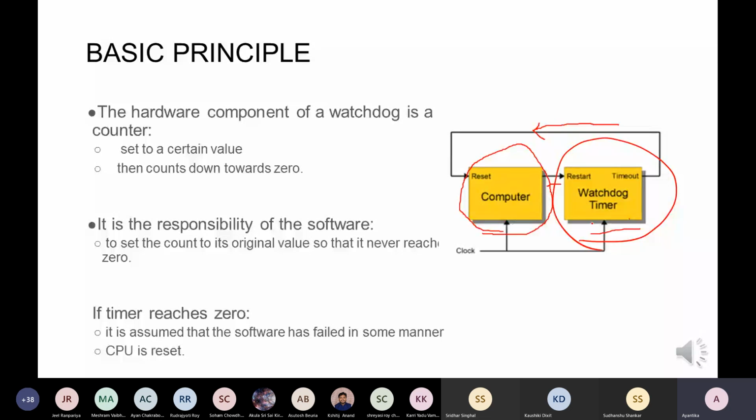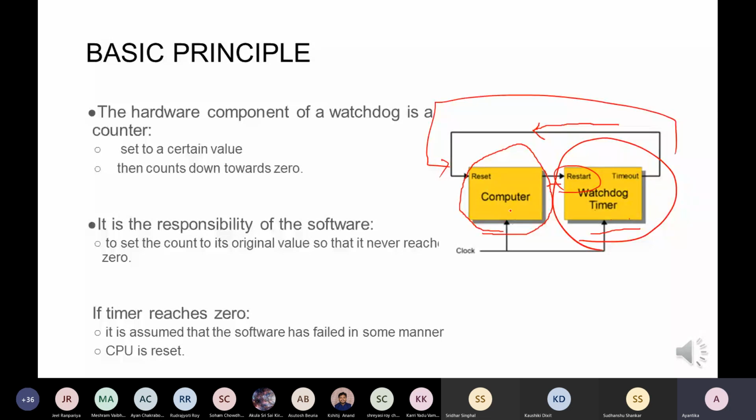If you see this diagram, this watchdog timer is expecting a restart input within a certain time from your general embedded system. If it is not receiving it, it will send a timeout signal and restart your embedded system. That is the basic idea of the watchdog timer.